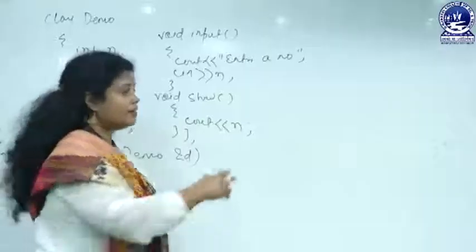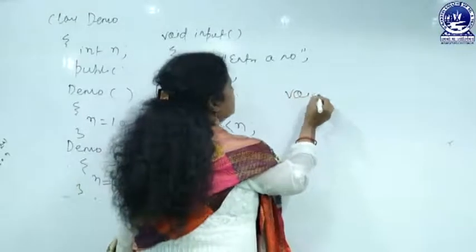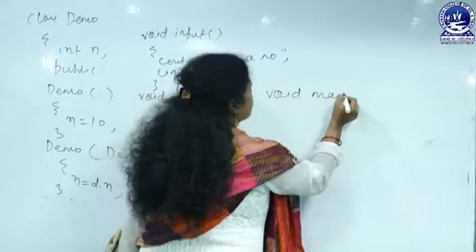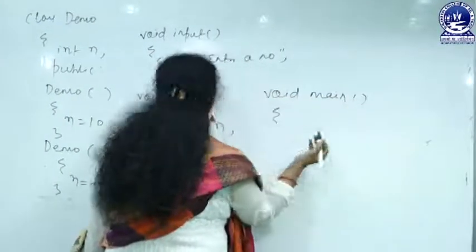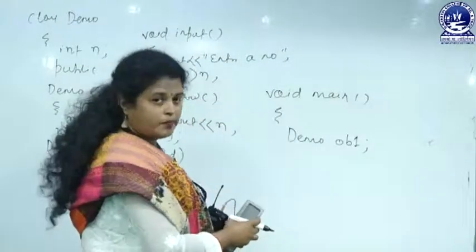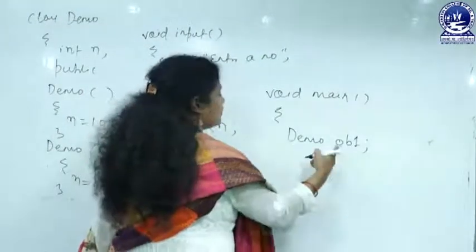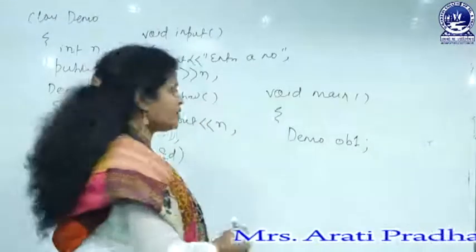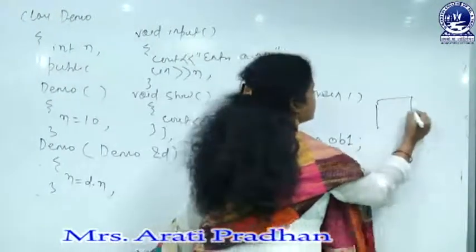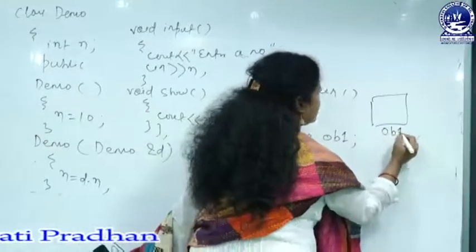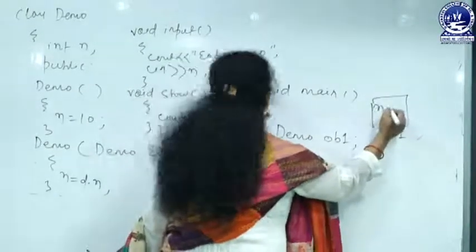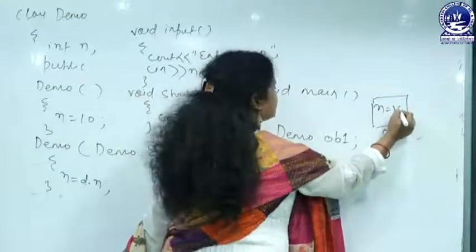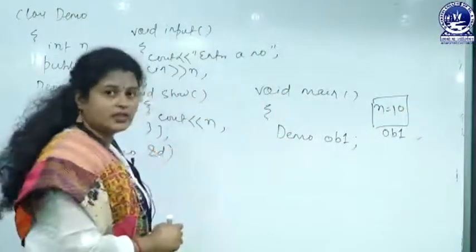Now in the main function, void main, suppose I am using demo ob1. When you write this, obviously the default constructor will be executed. Inside ob1, the n value will be initialized with 10, because the default constructor is executed.